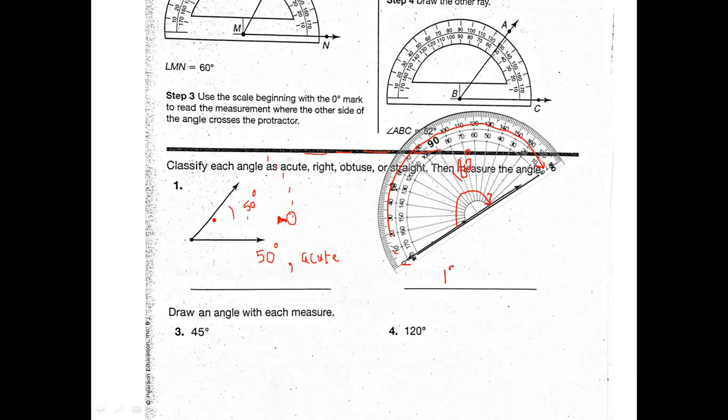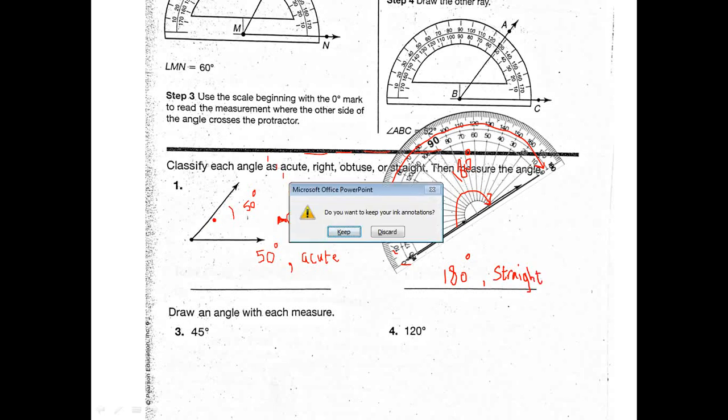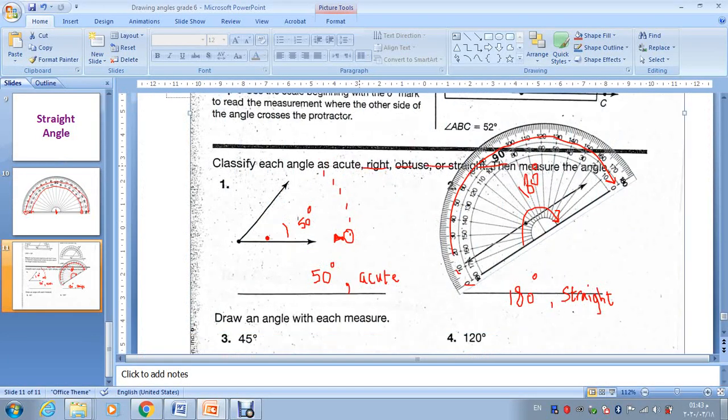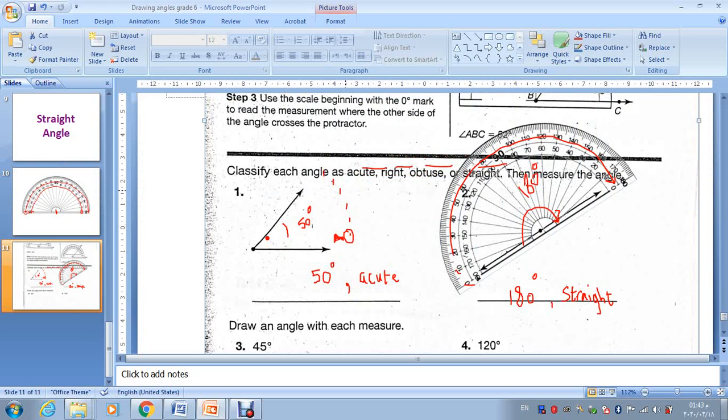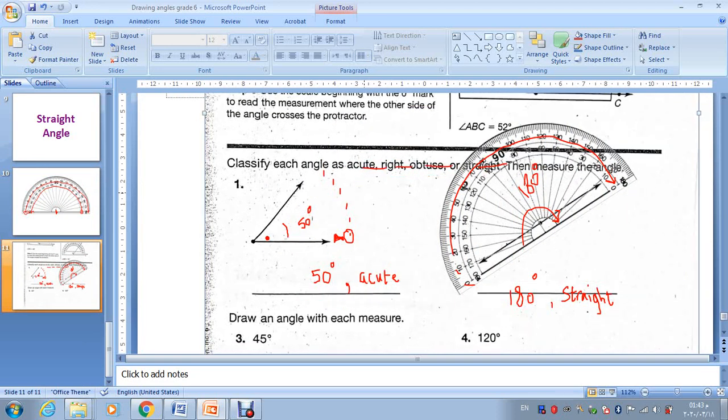So the answer is 180, and we call this a straight angle. We name it as a straight angle.